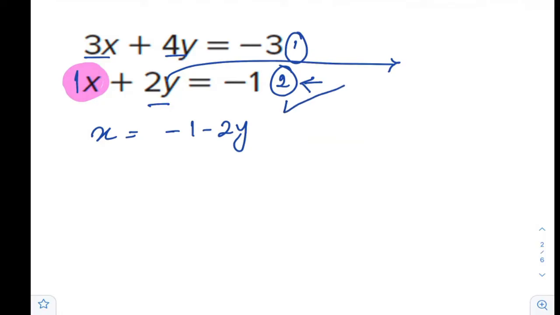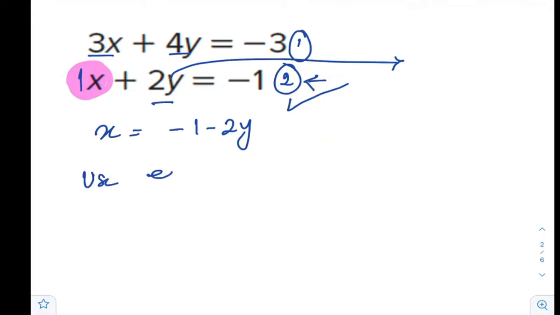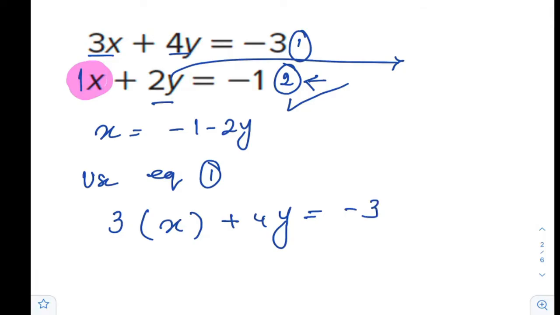So equation 2 sent. Give us. So what will you do now? Use equation 1, which is 3x plus 4y equals minus 3. And this is x. So what shall I do? I will replace the x by the expression.